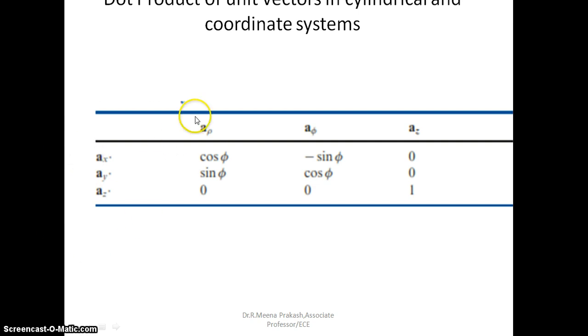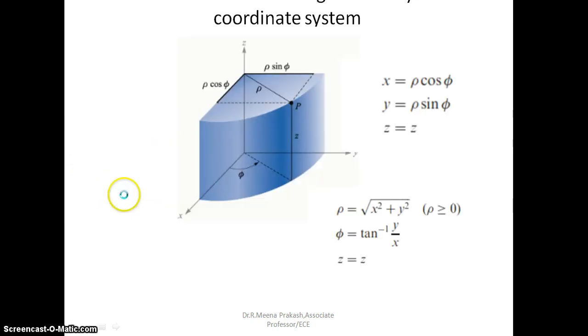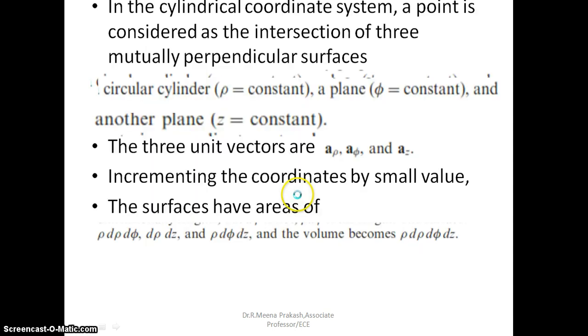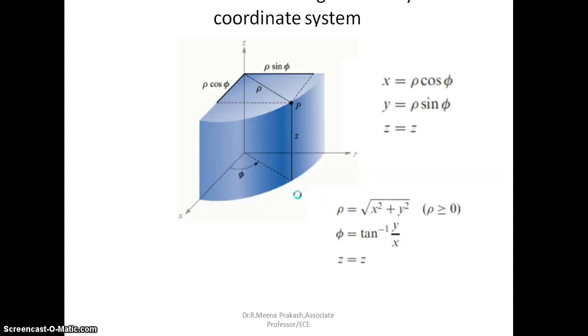Looking at the figure, where we have drawn the unit vectors, this is the x-axis and a rho; this is az, a phi, a rho, and similarly ax, ay, az in this direction.